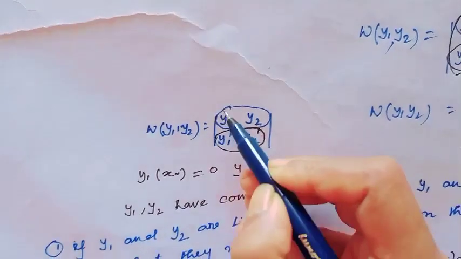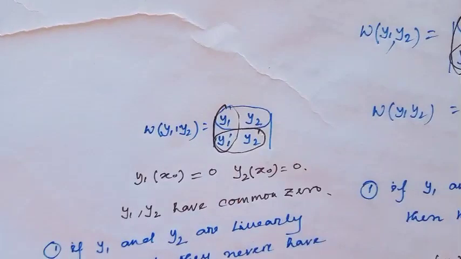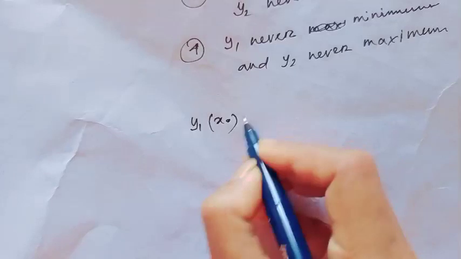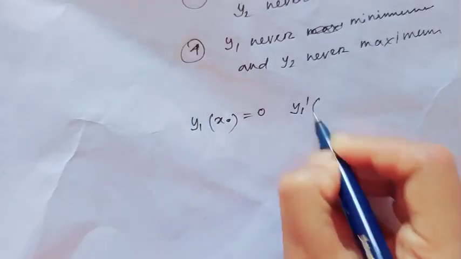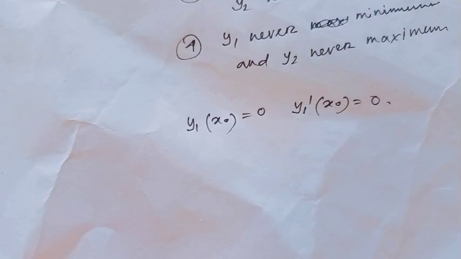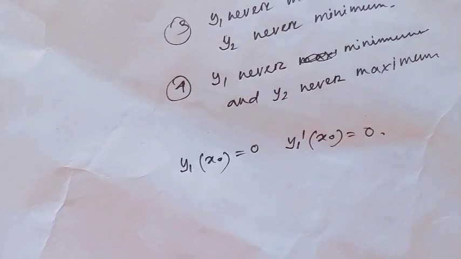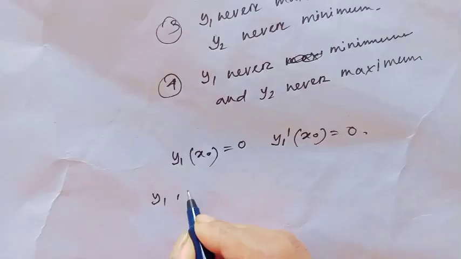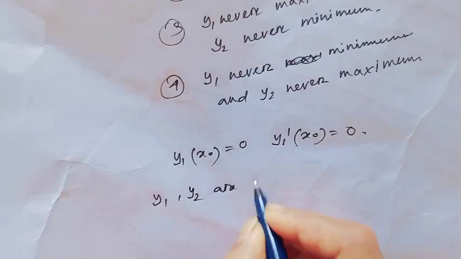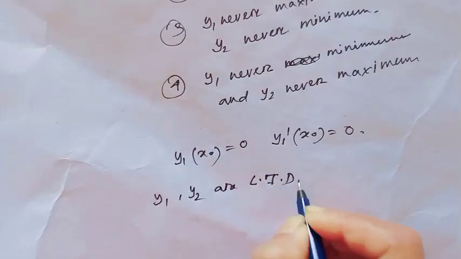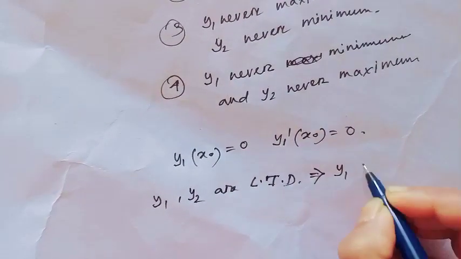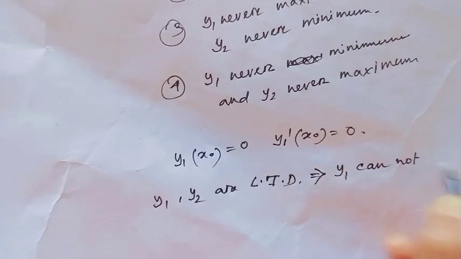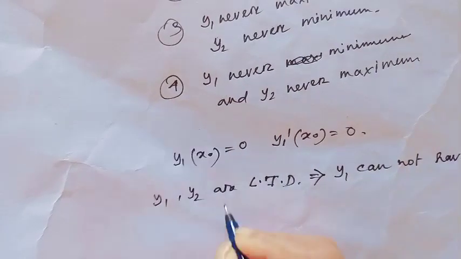Now, if we consider the first column equal to 0, that means y1 x naught equal to 0 and y1 prime x naught equal to 0. That means when they are linearly dependent, y1 has repeated zeros. So if y1, y2 are linearly independent, then y1 cannot have repeated zeros.